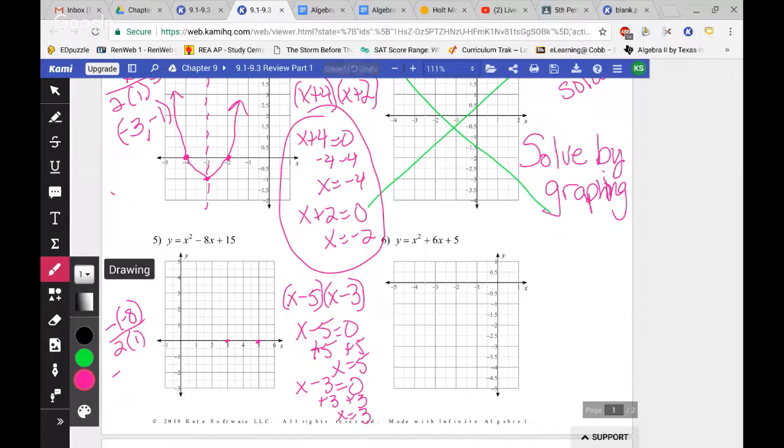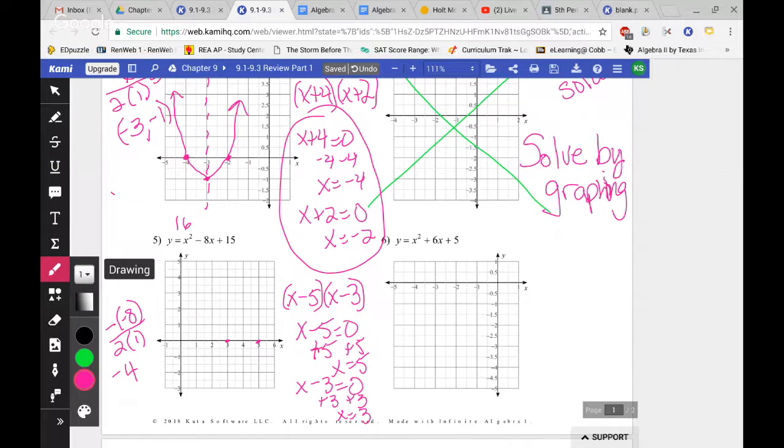So that's going to be -4. And if I plug in -4 back up here, -4 squared is 16 times a -8.